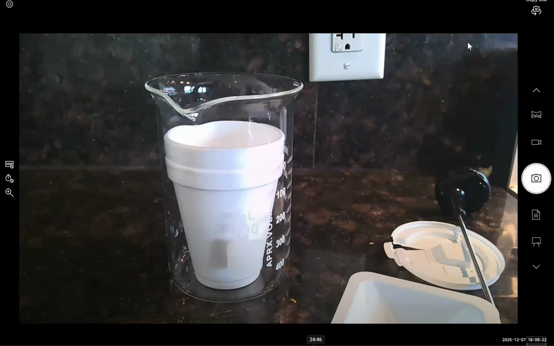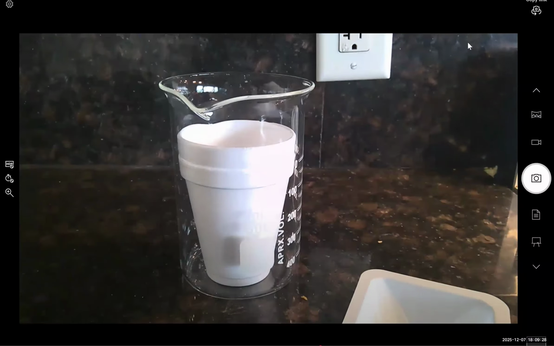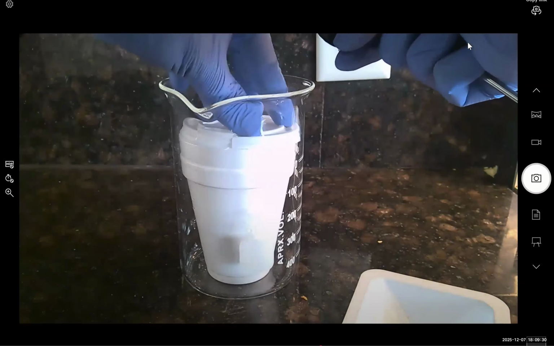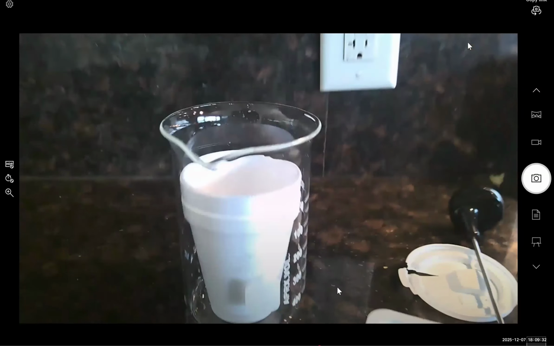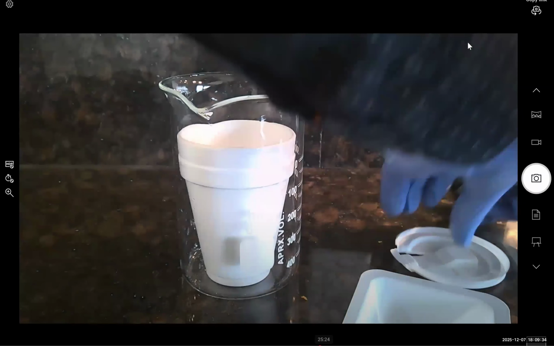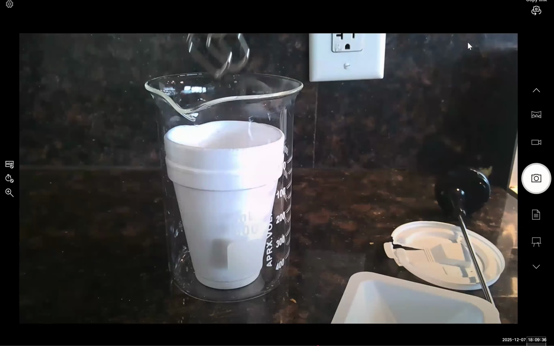So right now we're just waiting for the metal piece to heat up and reach target temperature. We're now transferring the metal piece. Let's just show that once again.